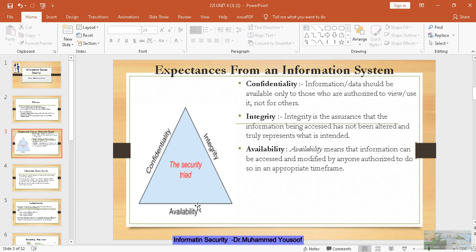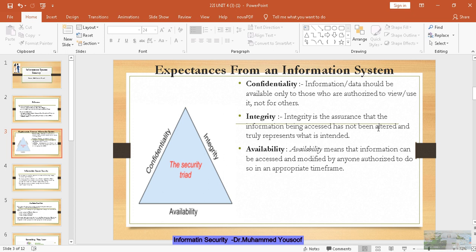The next one is called integrity. What is integrity? For example, I am seeing some information from an information system. The information which I am seeing should be reflective of the true and accurate data. It should not be altered, and it is not manipulated data.